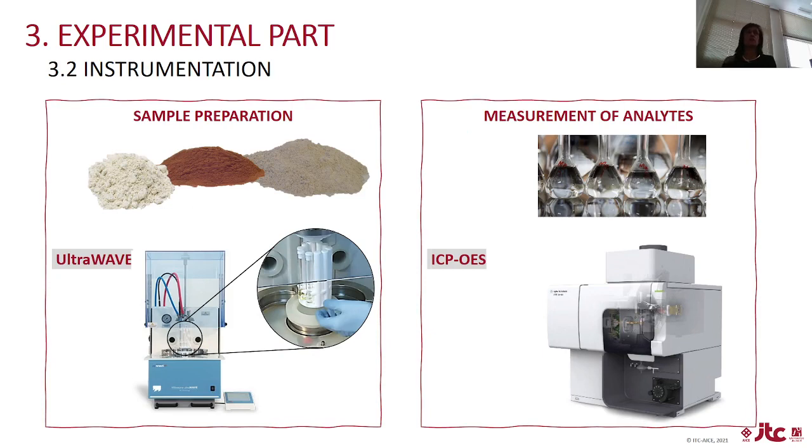The development of the methodology of trace heavy metals was undertaken in 2 steps, completely different. The first one is the sample preparation process, and the second step is to optimize the measurement conditions.